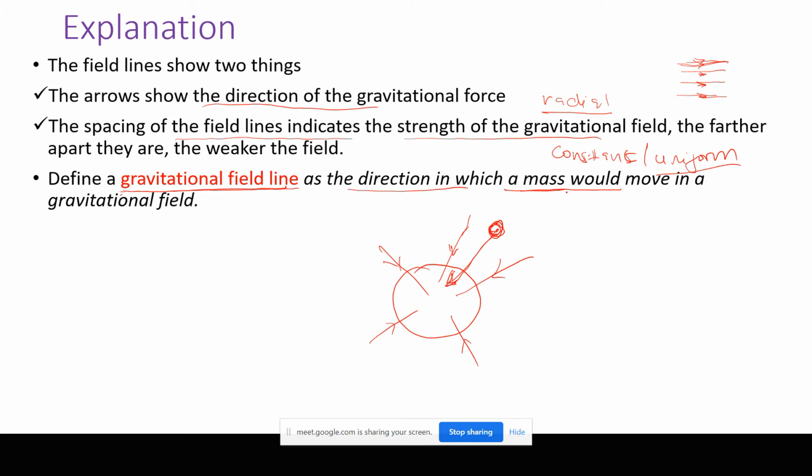When we define an electric field line, we shall be referring to a charge. And when we define a magnetic field line, we shall be referring to a magnetic north pole. So, a gravitational field line is the direction in which a mass would move in a gravitational field. That is what we are going to call the gravitational field line.